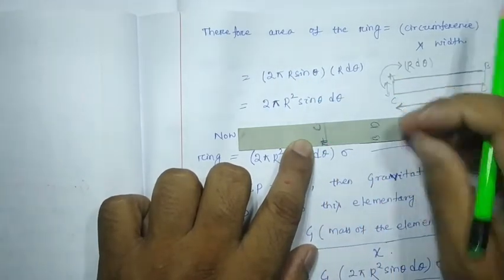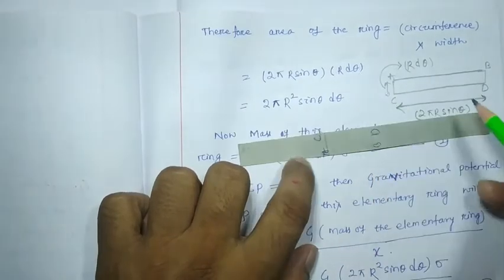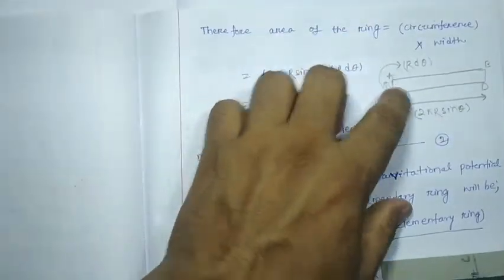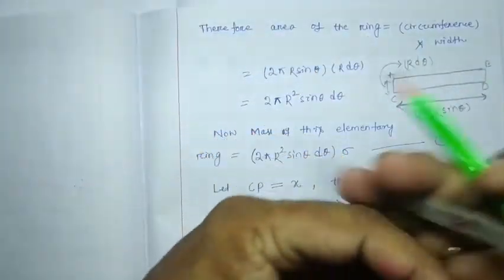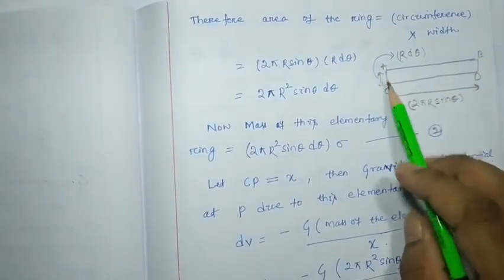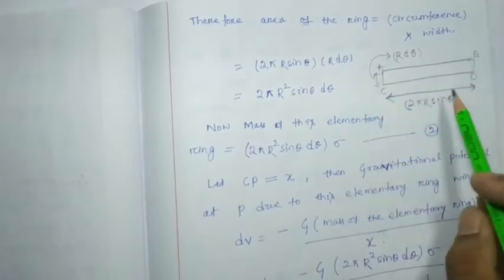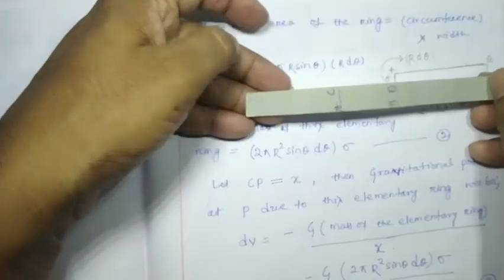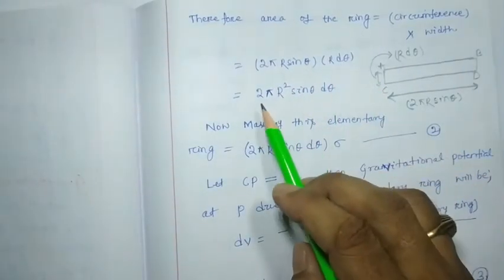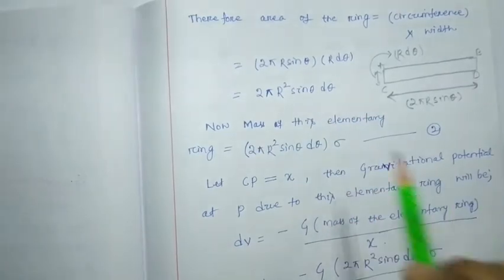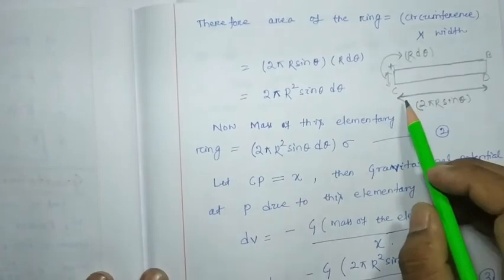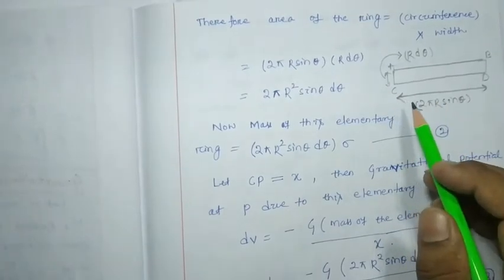Breadth or thickness is AC, which is r d theta. So it will be 2 pi r sin theta into r d theta, that is 2 pi r square sin theta d theta. This is the area of the ring we have sliced from the total sphere.